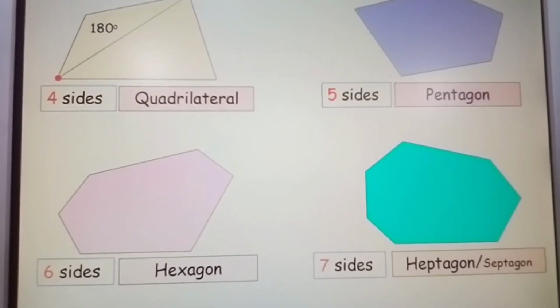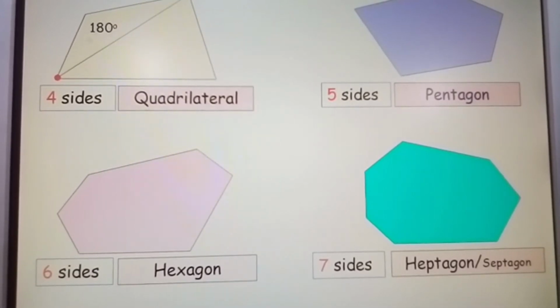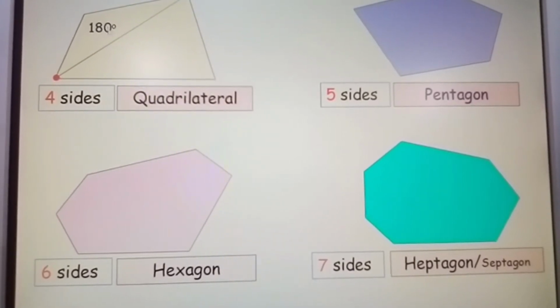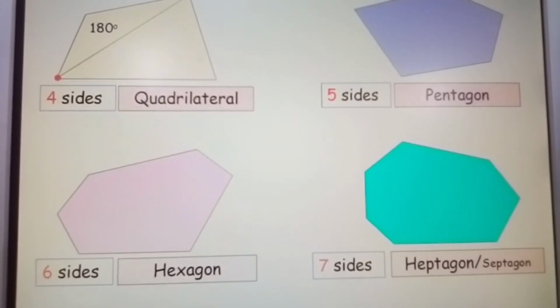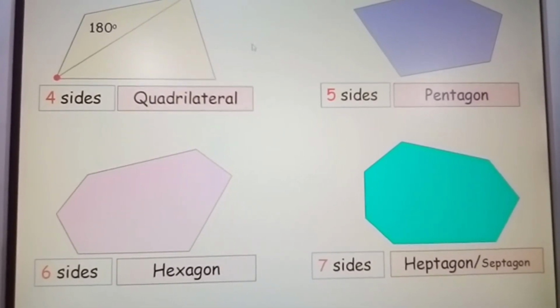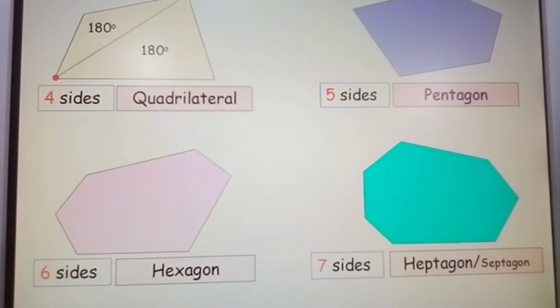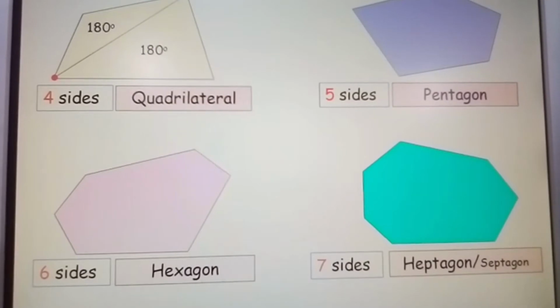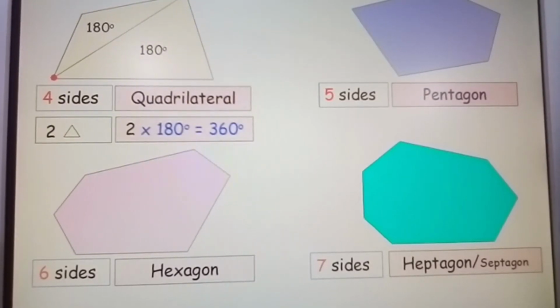Let's keep the question. We know that a triangle must add up to 180 degrees. So if that's 180 degrees and that's 180 degrees, that will give us... I'm not going to tell you, let you figure it out for yourselves for a moment, and then let's see what we come up with. 180 plus 180 equals 360 degrees.